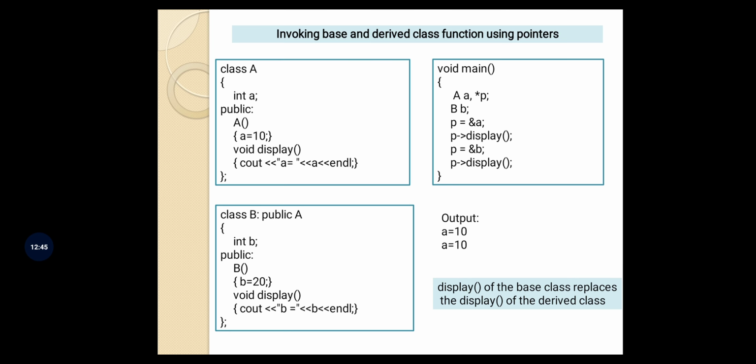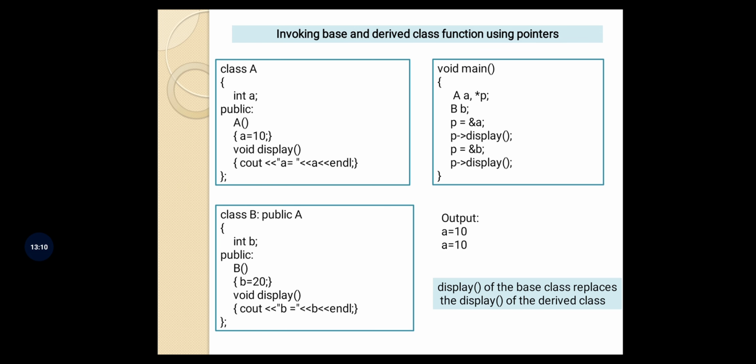So with this concept, we are going to go ahead and see how the virtual function works. Our objective in polymorphism is to ensure that when you are pointing to a base class object, the base class function should get invoked, and when you are pointing to the derived class object, the derived class function should get invoked. If we can achieve this, then we have done polymorphism.